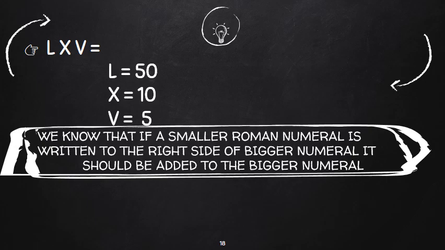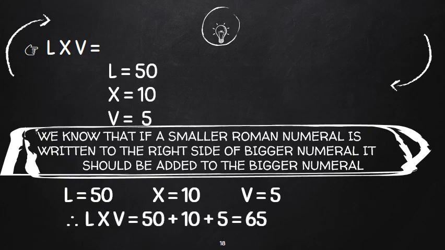We know that if a smaller Roman numeral is written to the right side of a bigger numeral, it should be added to the bigger numeral. So what we are doing? We are adding the values 50 plus 10 plus 5. So what is it coming? 65. So the value of Roman numeral LXV is 65.